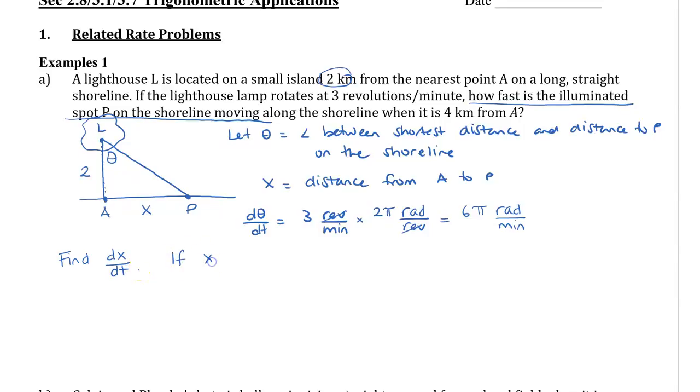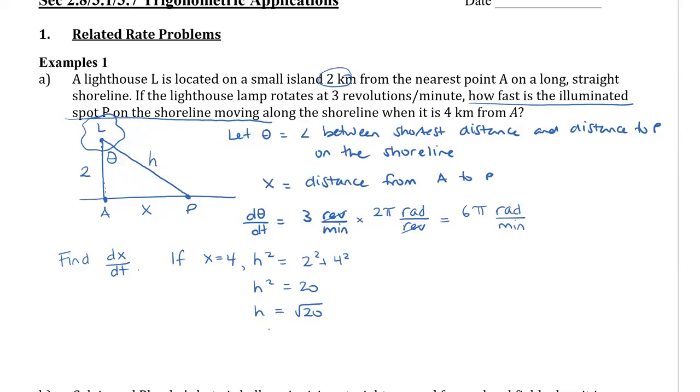Now, if x is 4, we know that h squared, so we'll call this the hypotenuse here, is equal to 2 squared plus 4 squared. So h squared is 20, h is root 20, and you will see why I'm not going to simplify the radical.